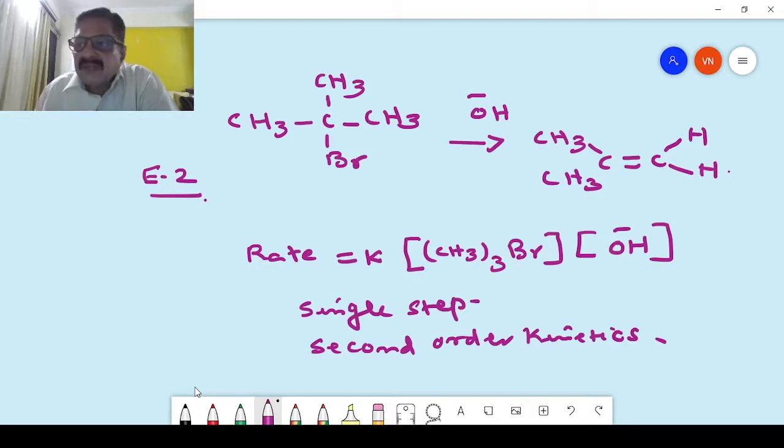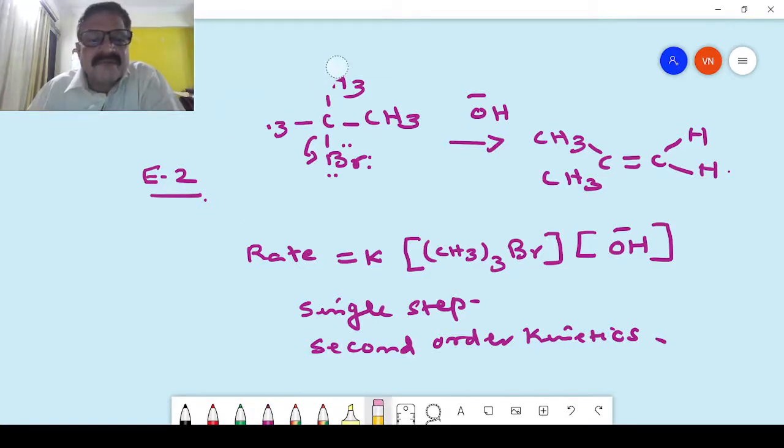It will be simple. You see, this bromine is the leaving group here. This is the alpha carbon and this is the beta carbon. I will just rewrite it here so that it will be very clear for you.